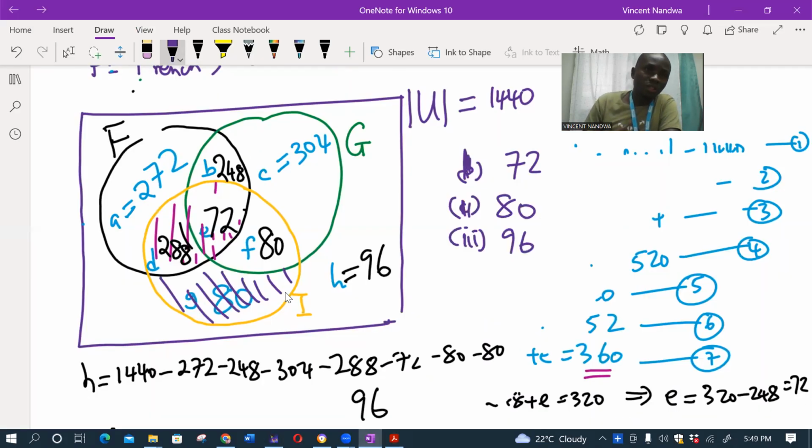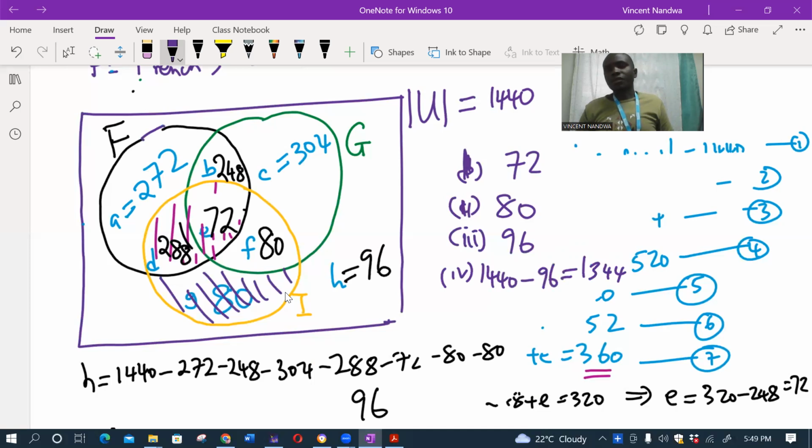At least one language means you need to be somewhere within these 3 circles. So it's as good as taking the total minus what is outside the circles. When you take the total minus 96, you get 1344. 1344 is the answer to part 4.